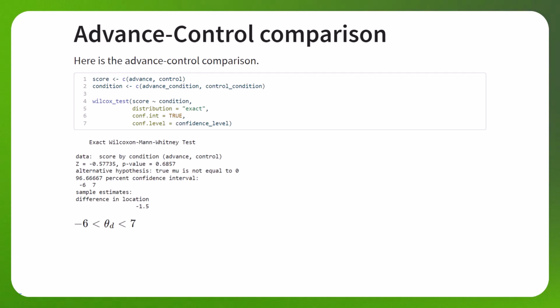Now you can see why I set up these scores and conditions for the separate groups, because I can easily combine the 2 groups that I need. Once I have these 2 groups combined, I'm doing a Wilcox test. I'm using the coin package here, which will allow me to get an exact distribution even if I have ties.